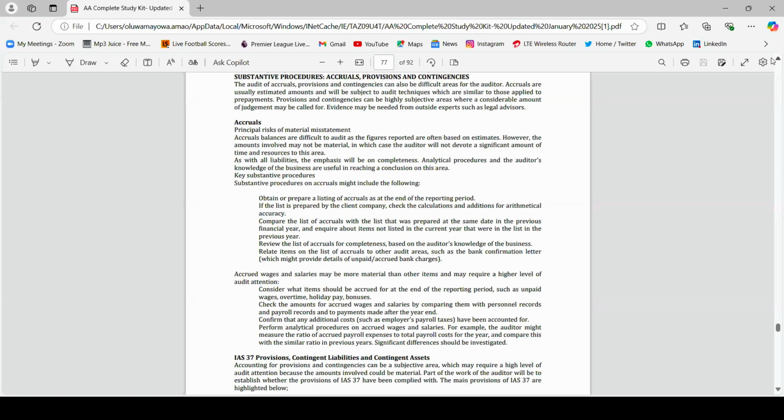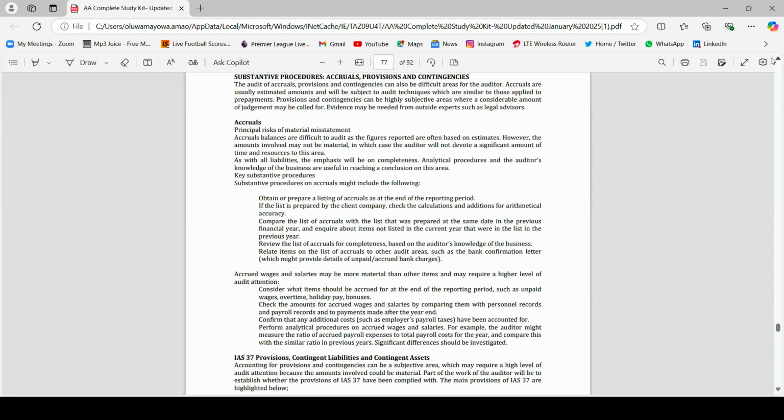Now, what that creates for the auditor is that any area of estimate, whether it's on liability or on asset, is an area where there can be risk of misstatement. Because one of the things that makes some people say financial statement profit is paper profit is that there are elements of estimate around some figures in the financial statement. Take, for instance, your depreciation.